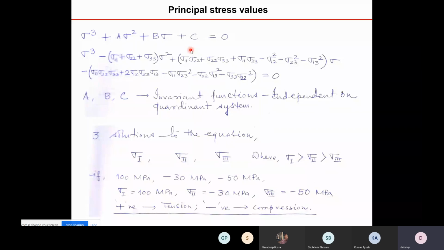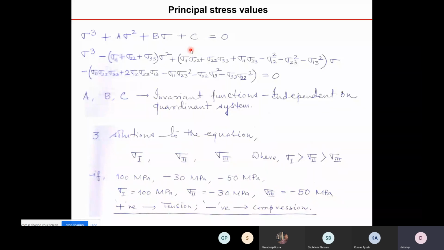The stress values acting in different directions have the same unit, Pa or ksi or whatever you take. And a, b, c are called invariants because they are independent of the coordinate system, however you choose the coordinates.